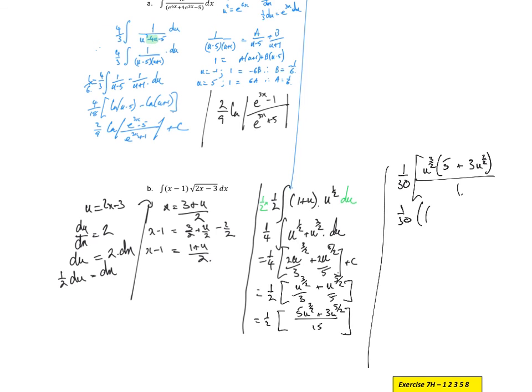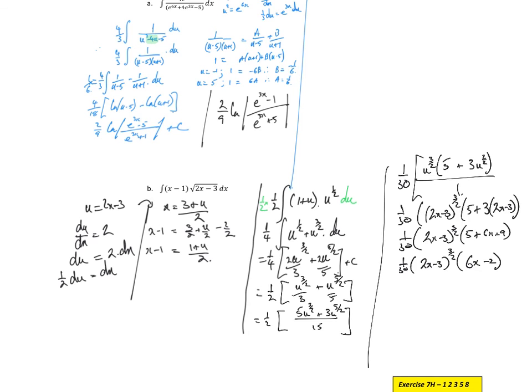u to the 3 on 2 is equal to (2x minus 3) to the 3 on 2, times 5 plus, well, 2 on 2 is 1, so 3 times (2x minus 3). So let's simplify that bracket. 2x minus 3 to the 3 on 2, I get 5 plus 6x minus 9, which gives me 1 on 30, (2x minus 3) to the 3 on 2, (6x minus 4).